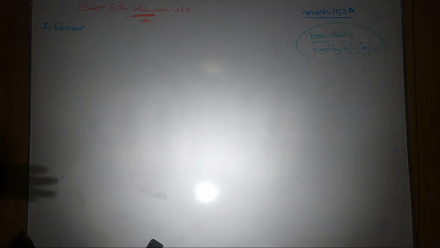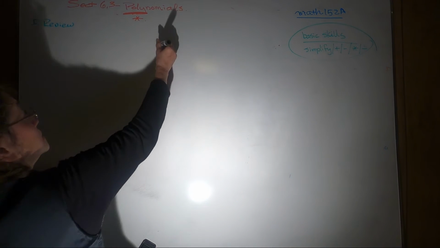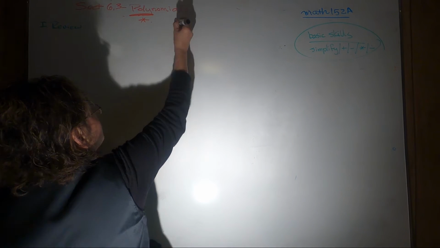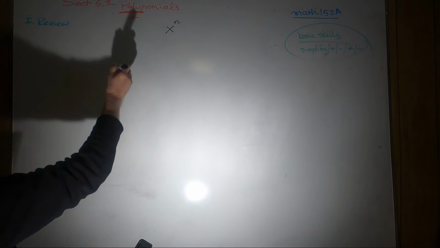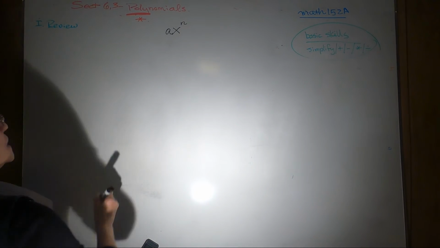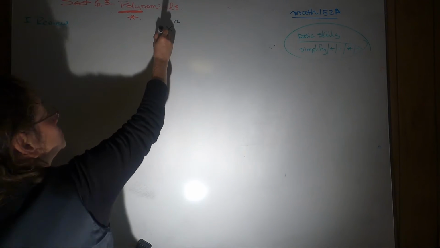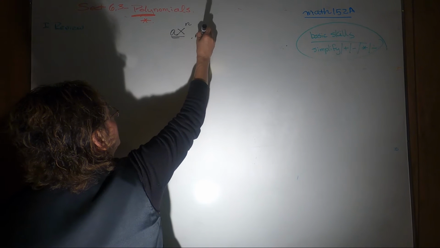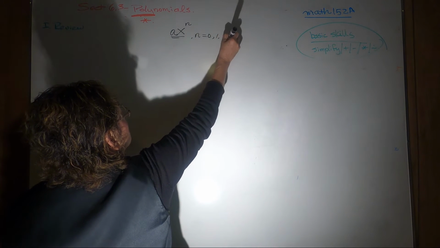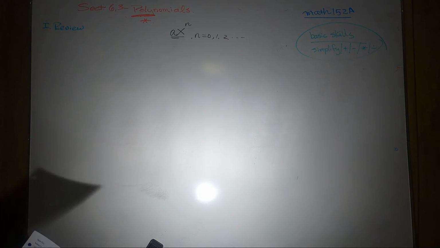Then each term will look like what? X to the power, with a coefficient in front of it. So each term will look like this. Your n can be a positive number or 0, right? Each term will look like that, and many of them put together, poly.